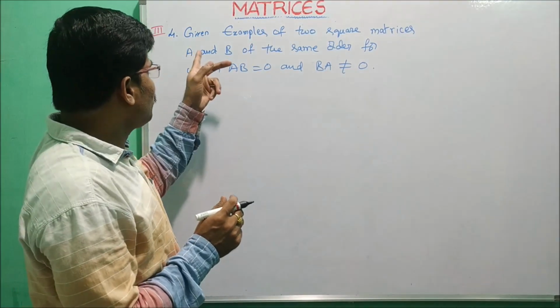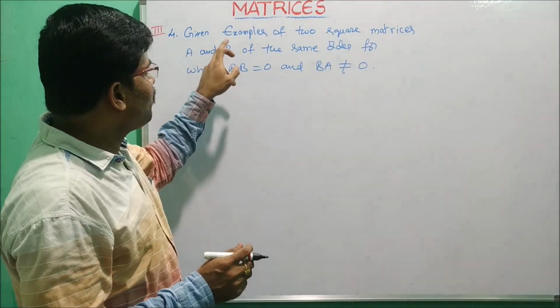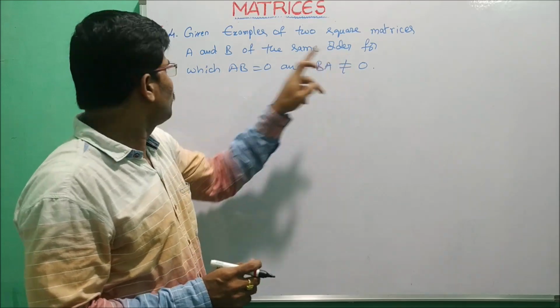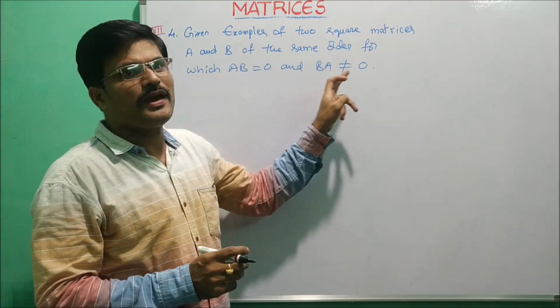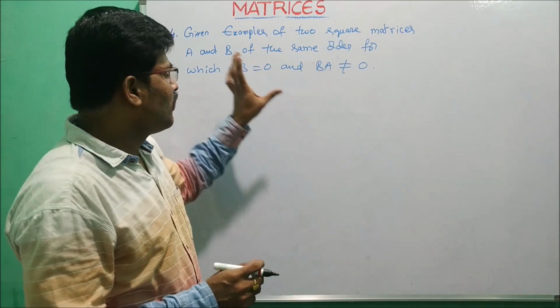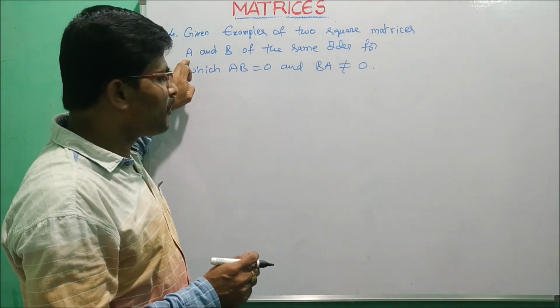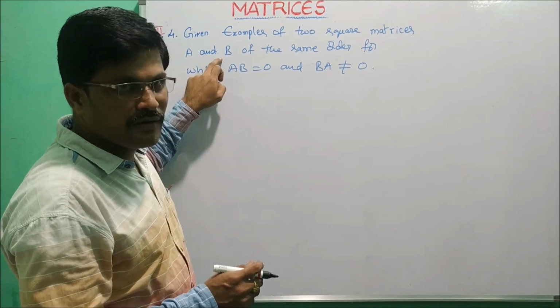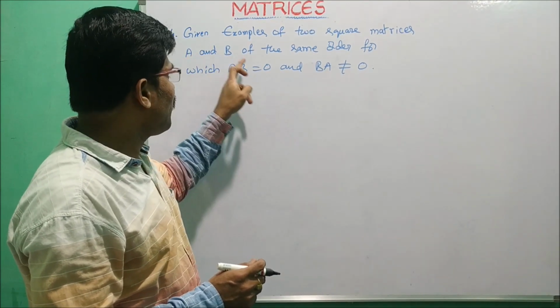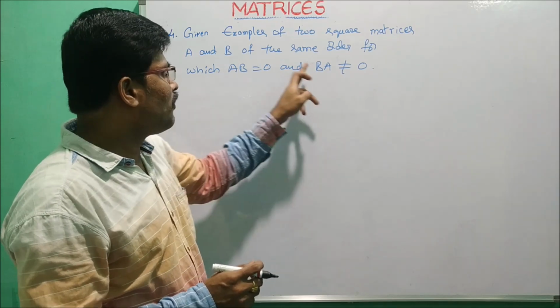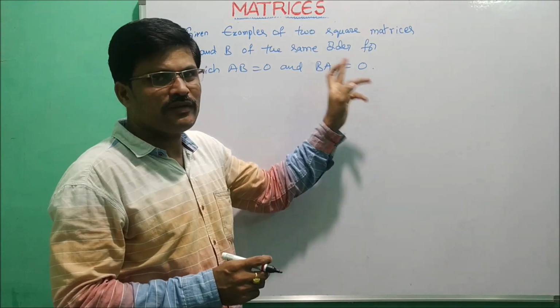Now the fourth one is: give examples of two square matrices A and B of the same order, for which AB equals O and BA is not equal to O. So here we give two examples. We take one example for A and another example for B. The product AB is always the null matrix, and the product BA, that is B into A, is always a non-zero matrix.